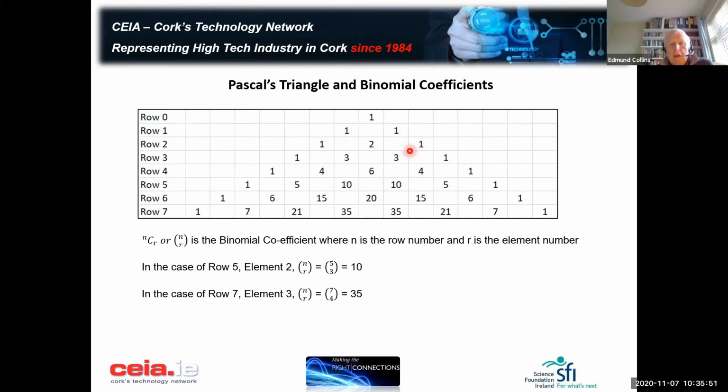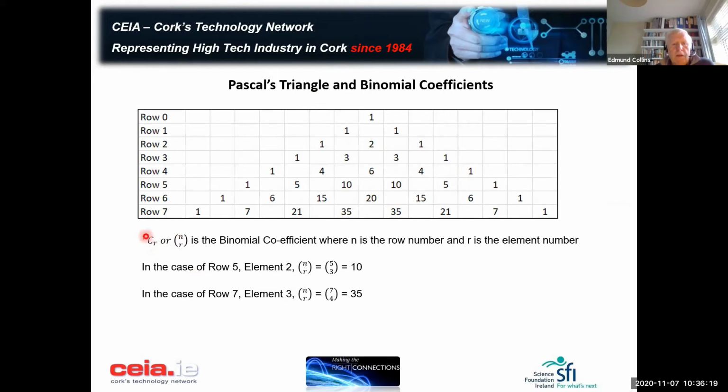And then there's a series developing along these lines. So very nice, in some ways artistic representation of numbers.